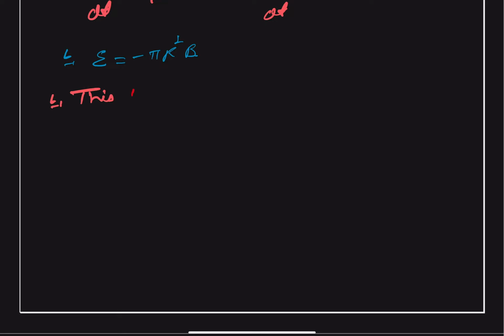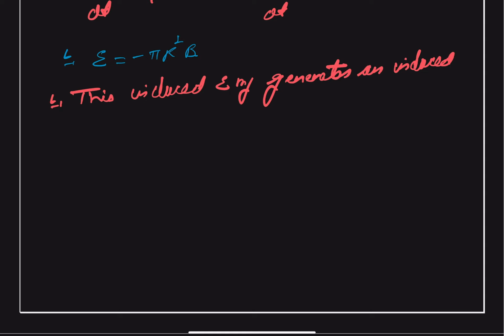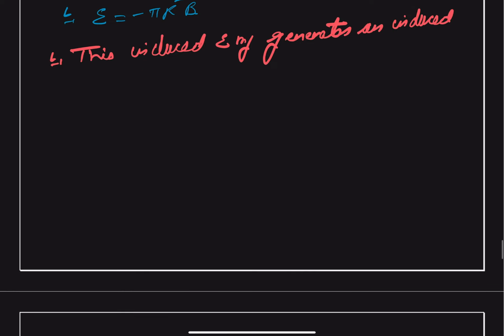This induced EMF generates an induced electric field, which is represented as E and along the circular orbit.